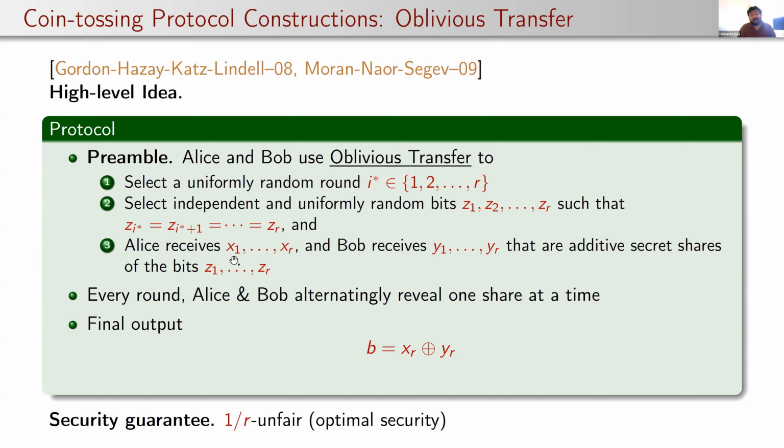Then Alice and Bob receive additive secret shares of the bits zi. And the final bit is XR XOR YR. An attack on this protocol effectively reduces to guessing the magical round i star. That is possible only with probability 1 by R, and hence this protocol is 1 by R unfair. These are the two protocols that are known. The first one uses one-way functions and the second one uses oblivious transfer.